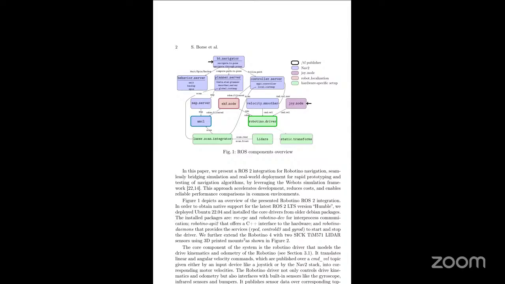So the complete architecture will be: we have LiDAR, right? Then we have the laser scan integrator. Then we have the map server, right? Then AMCL, then the planner server, right?